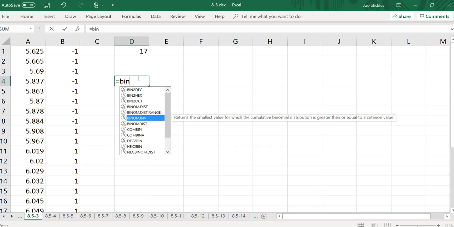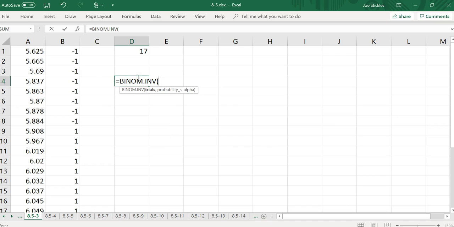Okay? So if I use this binomial inverse function, number of trials is 25. The probability of success is 0.5. And then your alpha is the probability you want. In this case, I think we're doing 0.05 again. This is probably going to be small, but that's okay.